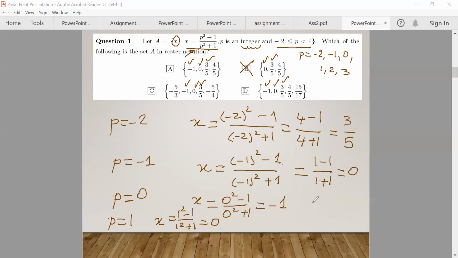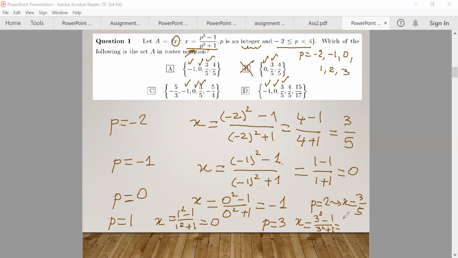For p equals 2, you can see that x will be equal to 3 over 5. So 3 over 5 exists already. No new information. Finally, for p equals 3, we calculate x: 3 squared minus 1 over 3 squared plus 1.